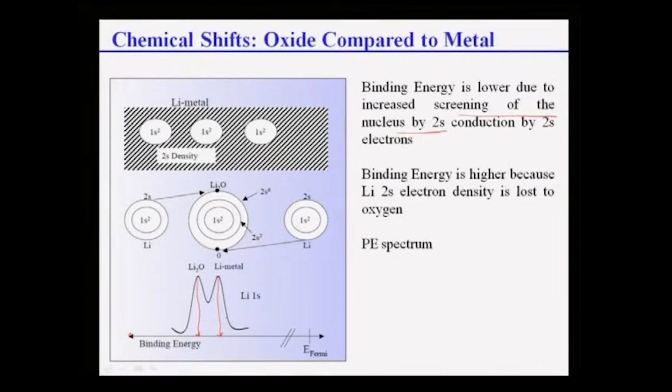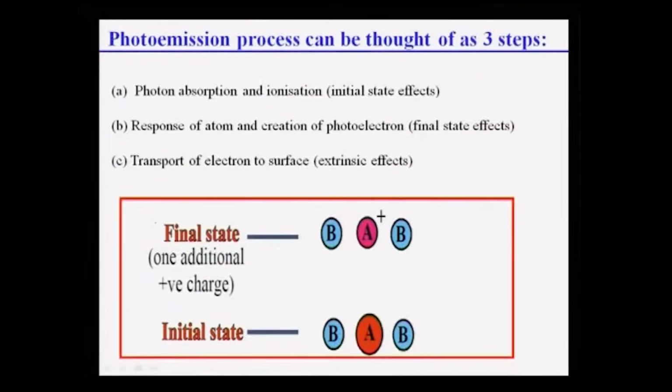There are 1s2 electrons and only 1 electron in the 2s level. Because this single 2s electron density is lost, there is a change in the shielding of the electrons, and this leads to a change in the binding energies, correct.